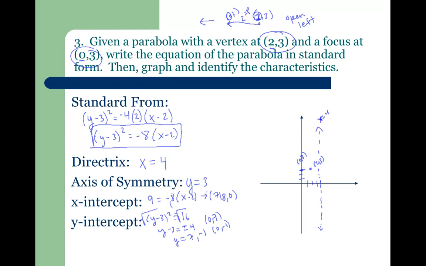The intercepts, let's go ahead and do those because those are nice, I think. I mean, 7/8 is going to be like right there. That's my x-intercept. My y-intercept is (0, 7). So 3, 4, 5, 6, 7. And then -1.